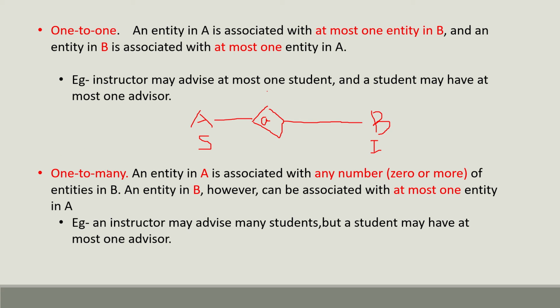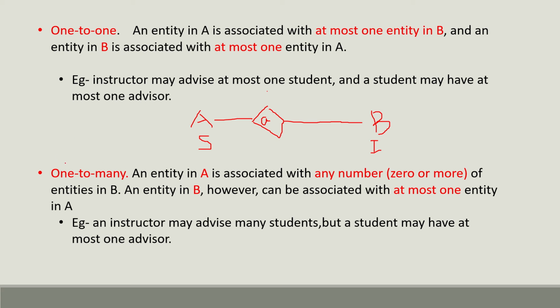Always you have to take the direction from A to B. If you take any one entity in A, it is associated with 0 or more entities in B. But if you take one entity in B, it is associated with at most one entity in A.